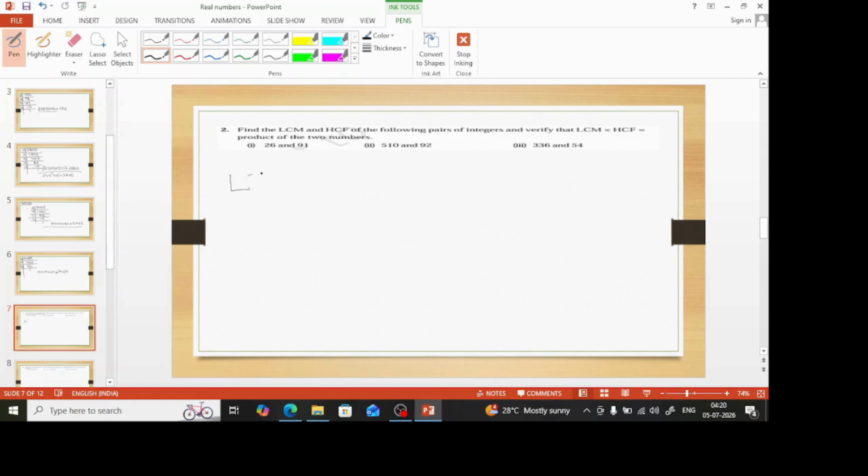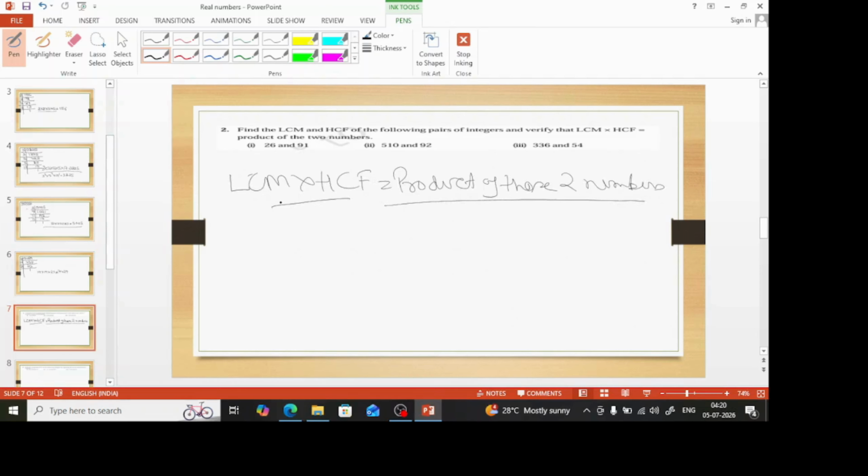If we calculate the LCM and HCF of two numbers, the product of LCM and HCF is equal to the product of those two numbers. How it will work, I will explain later.